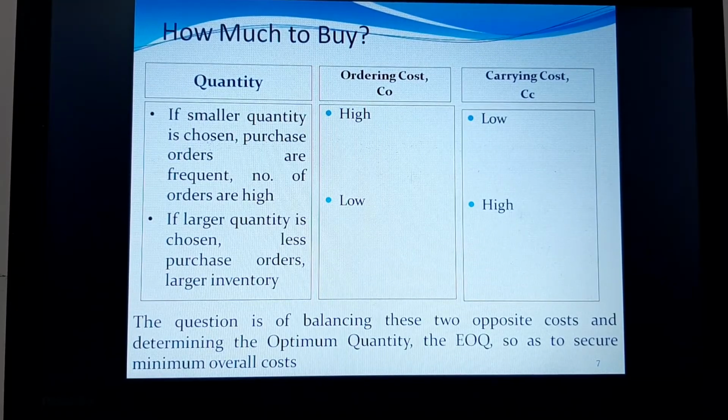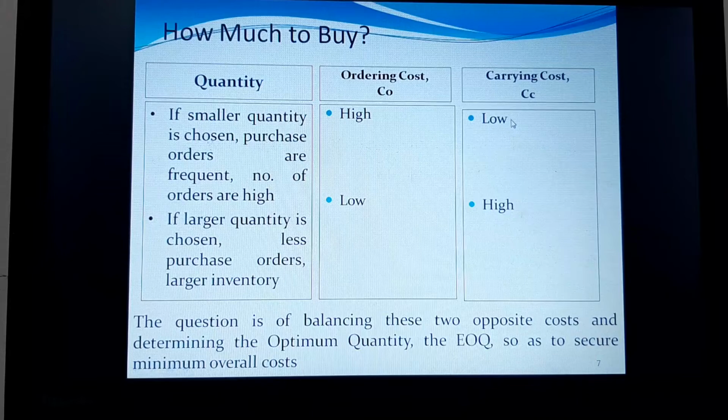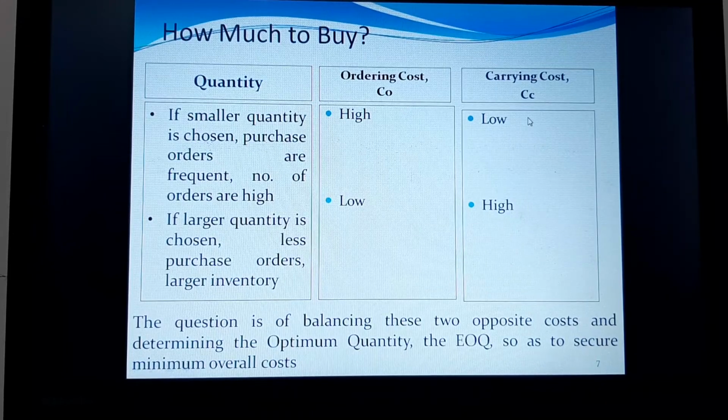You have to purchase most frequently, and hence the number of orders would be high. In that case, your ordering cost will be higher and the carrying cost would be lower, because you are utilizing the material so fast that you order it frequently and don't keep it idle in your place, so the carrying cost would be lesser for this case.